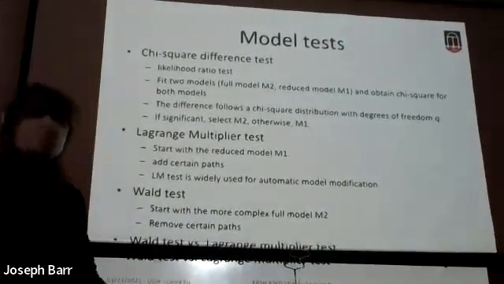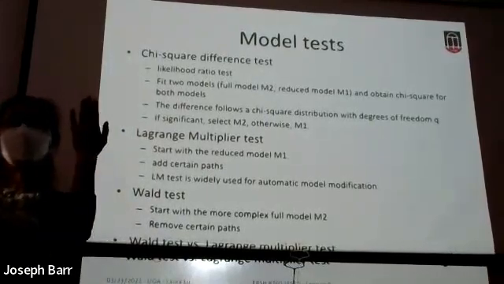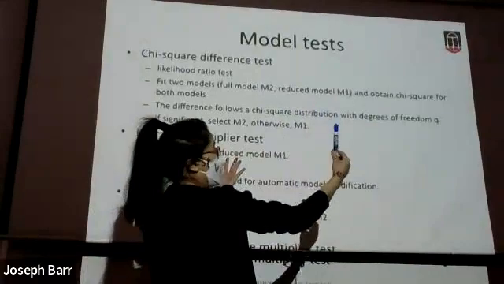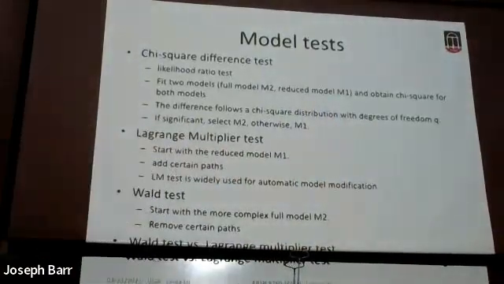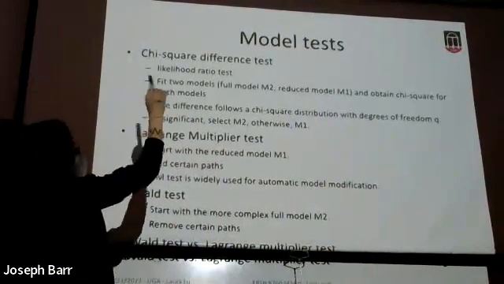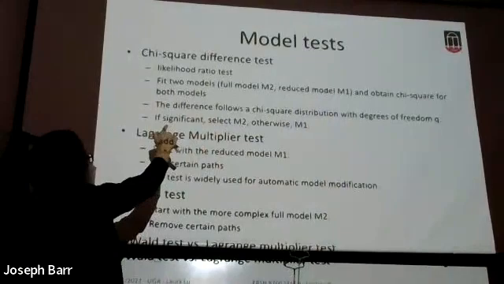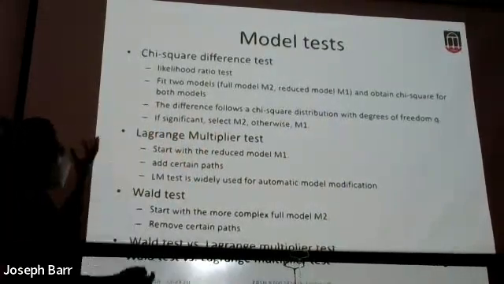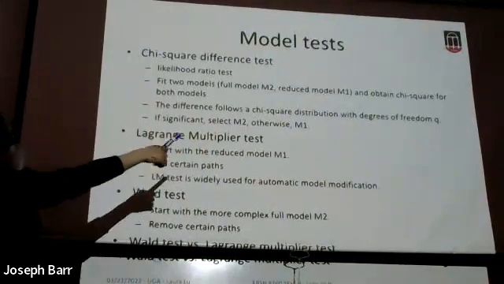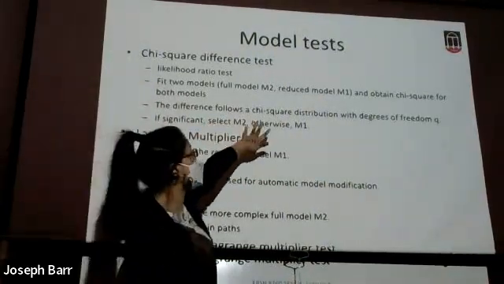Based on what? Based on their chi-square values. For each model, we report the chi-square value, and we also obtain the degrees of freedom. The difference in their chi-square values is compared with the critical value of the chi-square distribution, because we assume the difference follows a chi-square distribution.